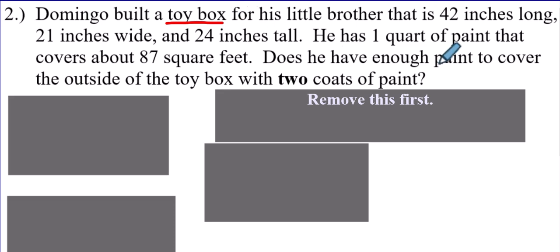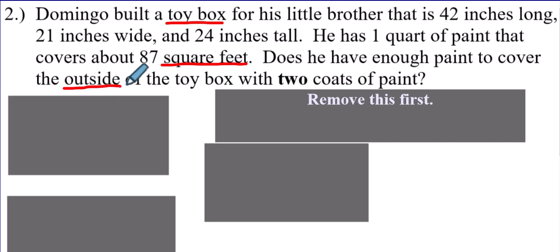What else are we given? We are given the fact that 1 quart of paint can cover 87 square feet. Okay, you might know why I just said that a little slow. Next question, what do I have to find? Does he have enough paint to cover the outside of the toy box?